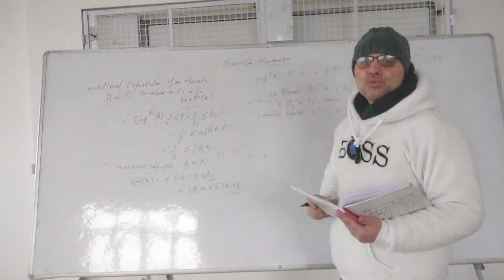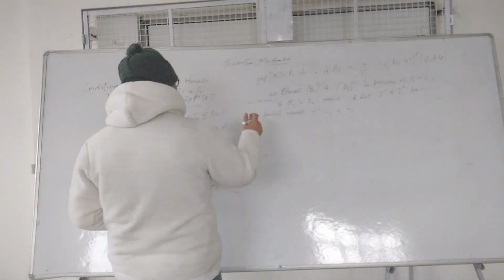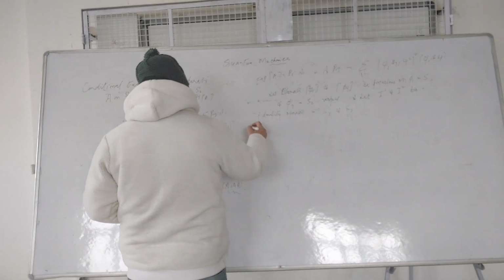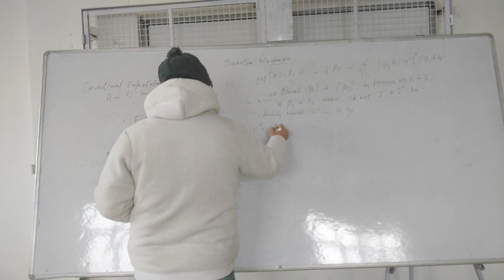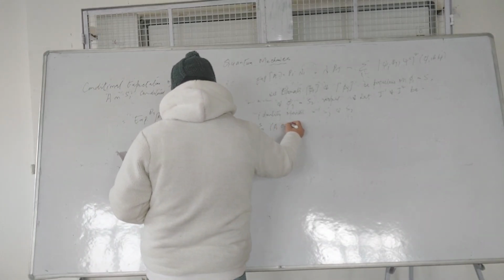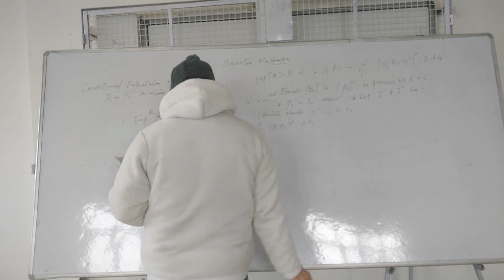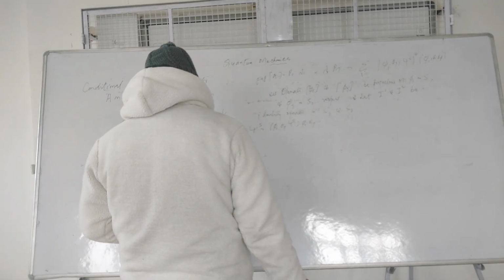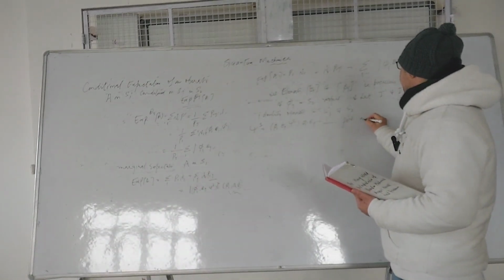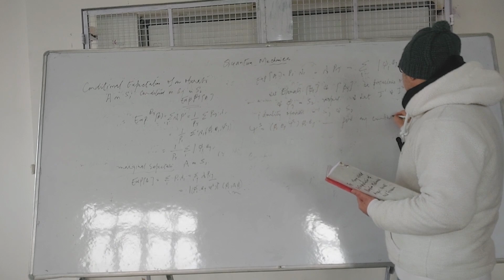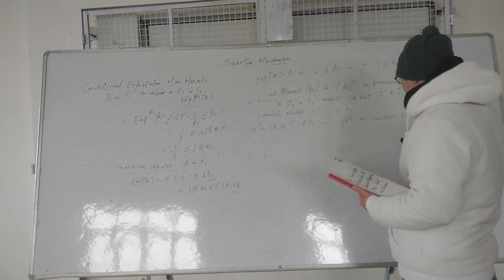So now, making use of the identity, we can have phi I theta j psi of s, for any complete set of orthonormal states.